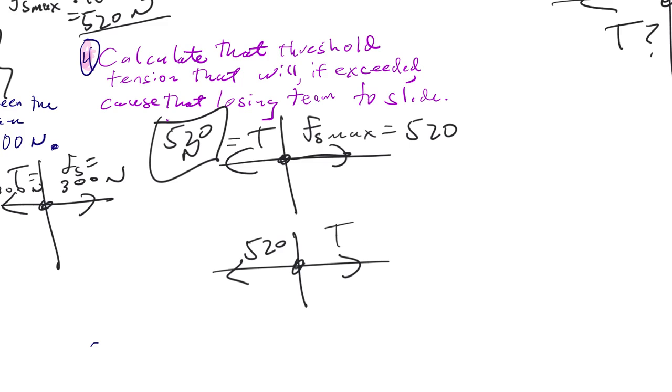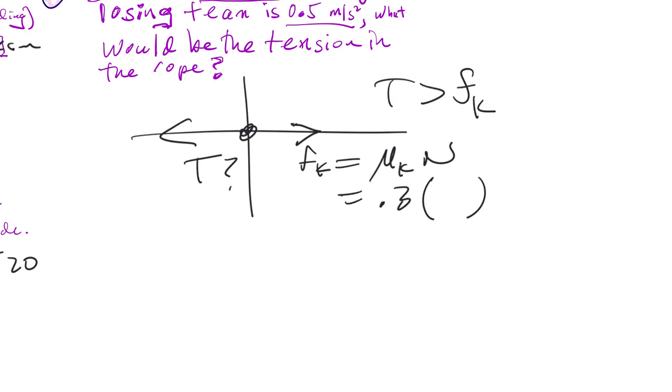We did this before. So 0.3 times 1,300 is 390.